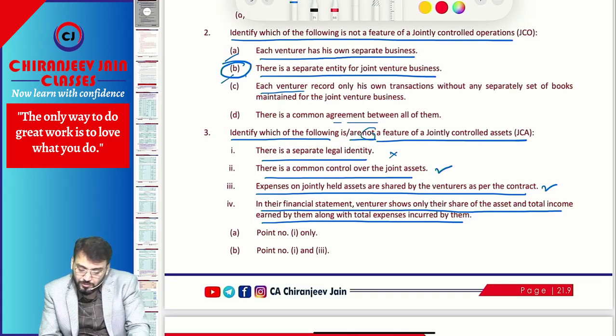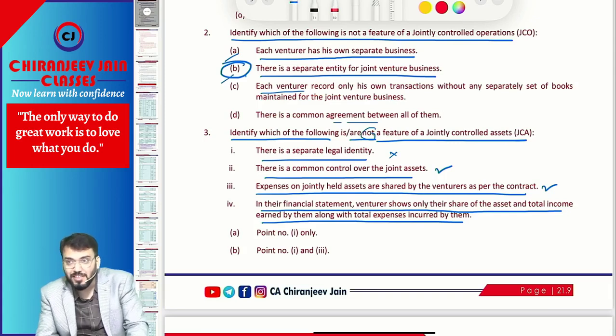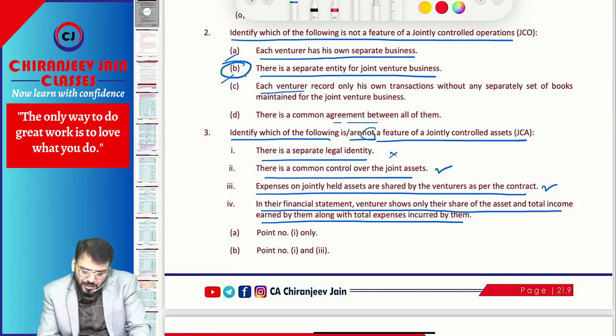Total expenses. One second. Venturers show only their share of asset, is correct, but total income and total expense? Not total income, but share of income and share of expense incurred by them. And the total income earned by them along with the total expense incurred by them.